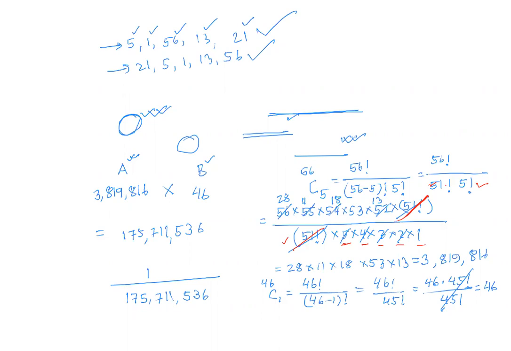Are you clear on this or no? Not really, because the top part where it's 56 over 56 minus 5 and then 5 factorial again, I don't know why there are two 5s. Yeah, I got confused in that too.